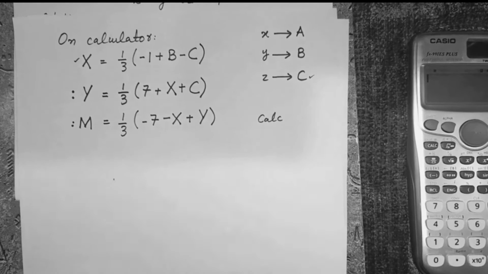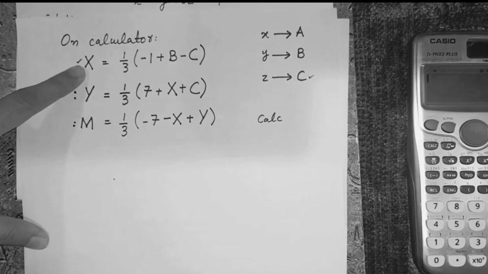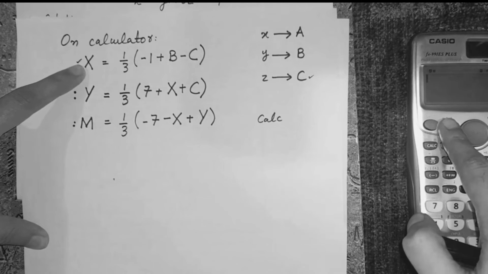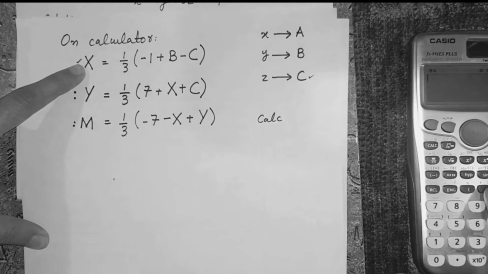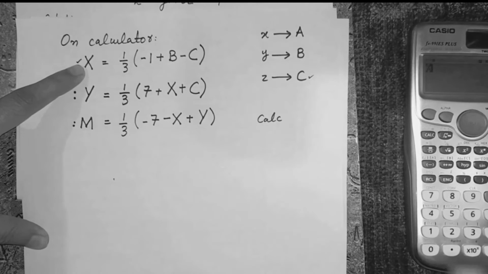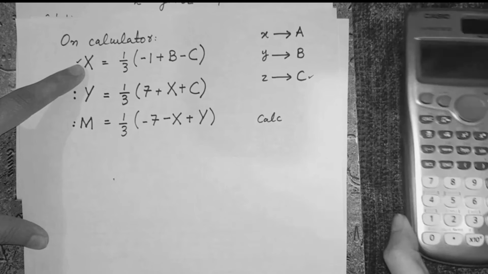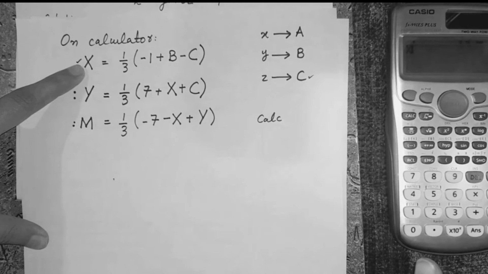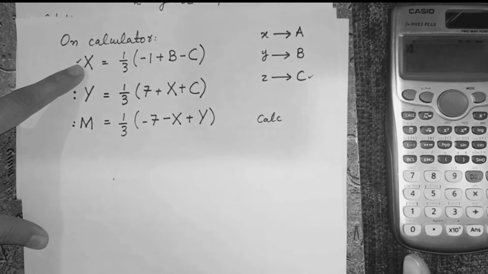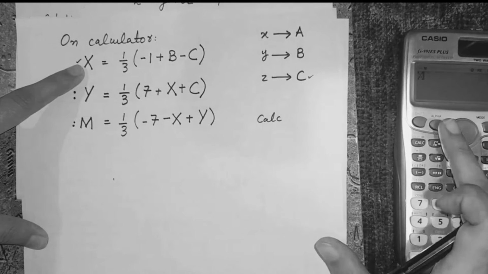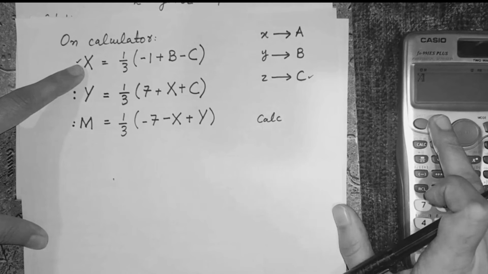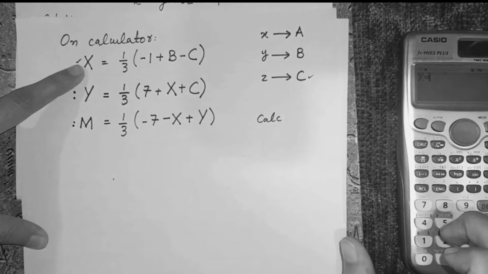Now let's see how we can write it on the calculator. Press the ON button. To write X on the calculator, simply press alpha, and here you can see X. Now we have to put equal to. One thing you should note here, we will not put this equal to sign. We are going to put this one. So for that, press alpha and equal to. Okay.